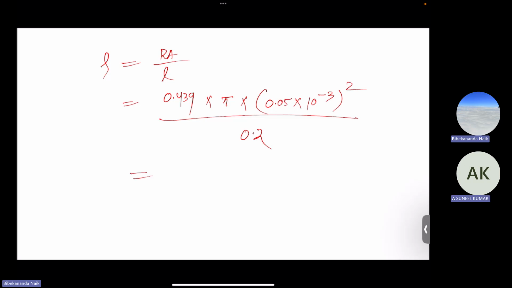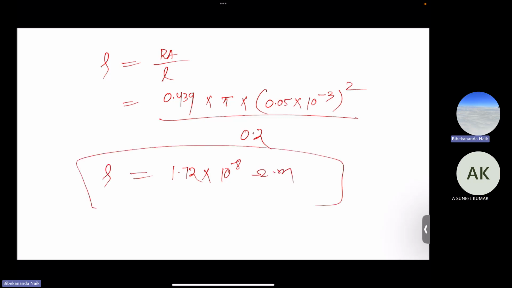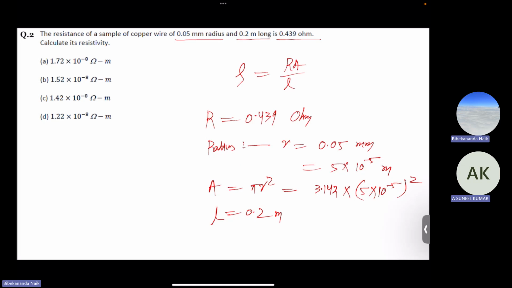It will give you 1.72 into 10 to the power minus 8 ohm into meter. So the resistivity of the copper wire is 1.72 into 10 to the power minus 8 ohm into meter. The correct option is option A.